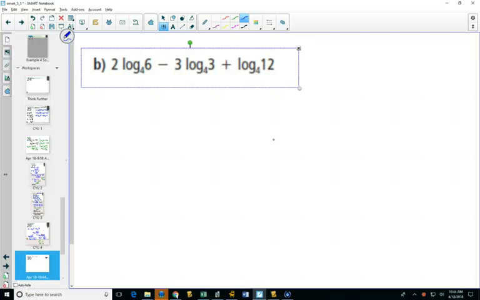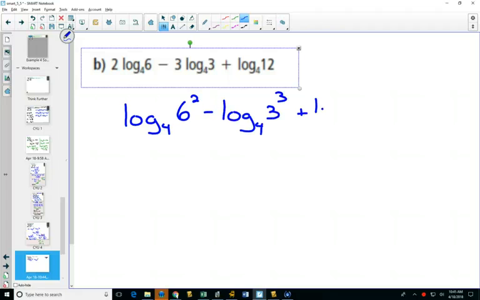First of all, looking at this one, I can't see anything I can simplify right now, so I'll put in the log and whatever is added.